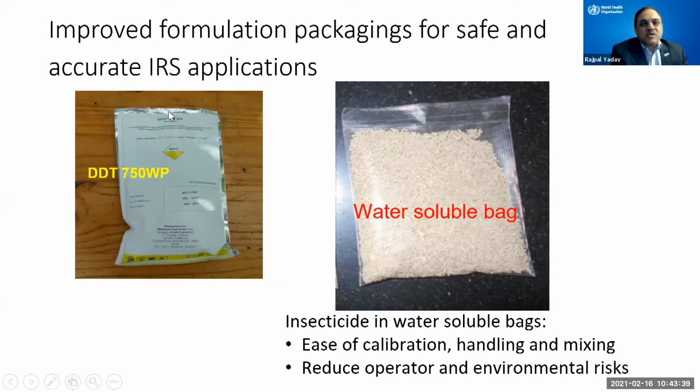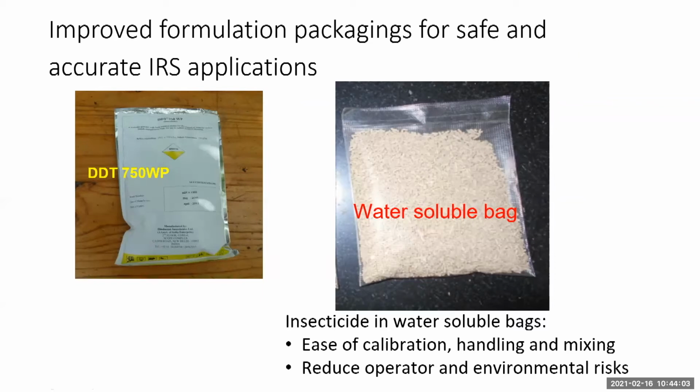So this pouch contains a powder. In order to apply this powder, operators in the field open it, cut it open, mix it with the water in the sprayer tank, shake it and apply. This process involves handling the pesticide, because when you cut the pouch or pour the insecticide, workers' skin may come in contact, their eyes may come in contact.